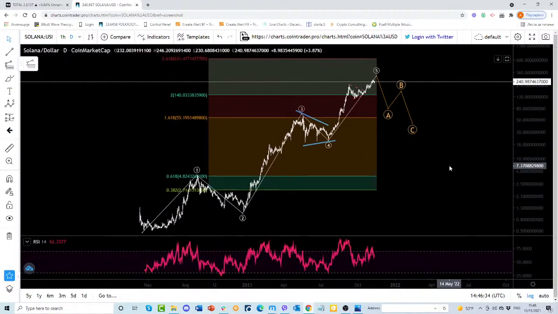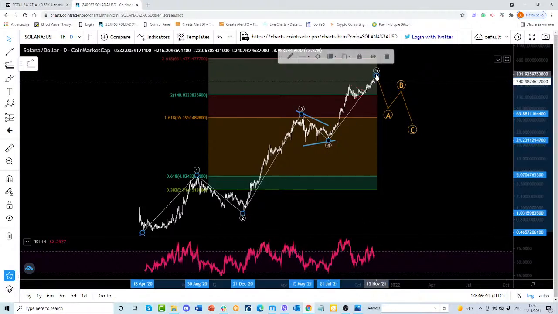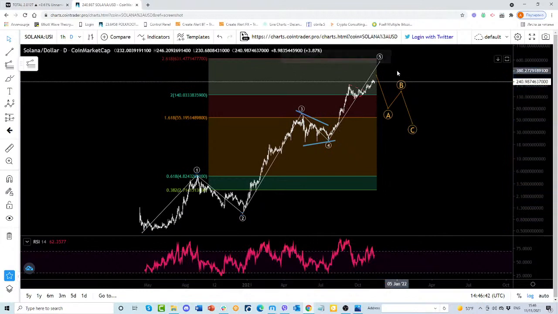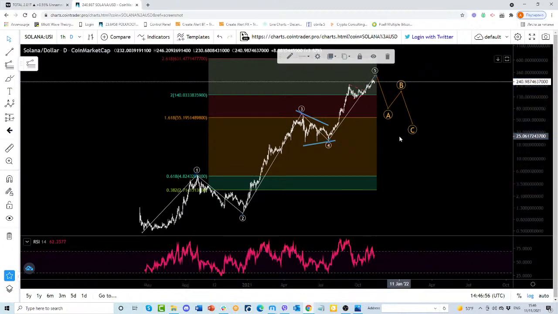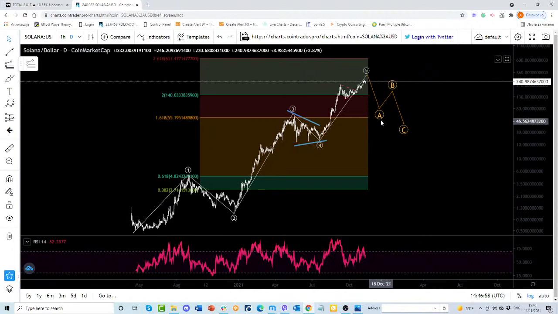For me, for now, this is an almost complete 5-wave sequence. If the crypto continues on the upside, definitely this wave 5 can extend up to 1000 and even more on the upside. But if we see a 5-wave reversal, kind of testing this 126, 150, that will be a worrisome picture for Solana.